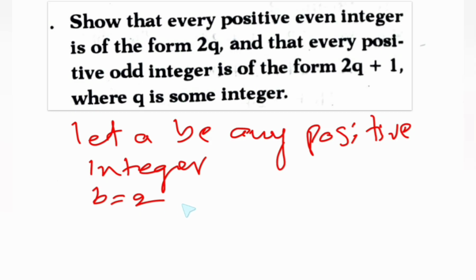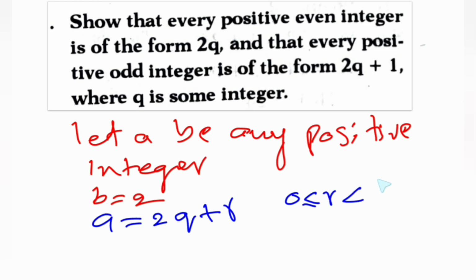The division algorithm is a is equal to 2q plus r, but r lies between 0 less than or equal to r less than b. Here b equal to 2 is given, then 0 less than or equal to r less than 2. That means r equal to 0 and 1.